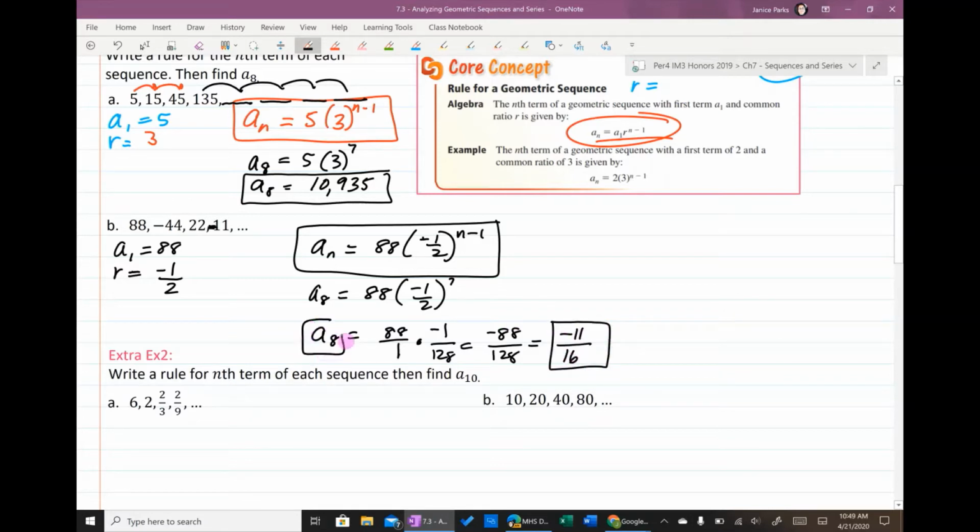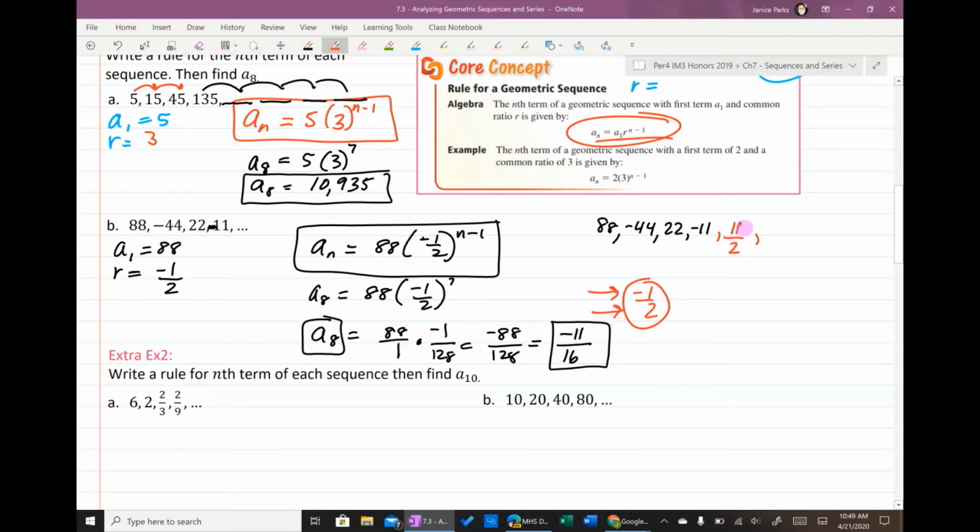That's the 8th term. Now, doing it the other way, so if I have 88, -44, +22, -11, if I multiplied this by -1/2, then it would be 11 over 2. And then the next term, when you're multiplying by -1/2, you're just multiplying the top by -1, and you're multiplying the bottom by 2.